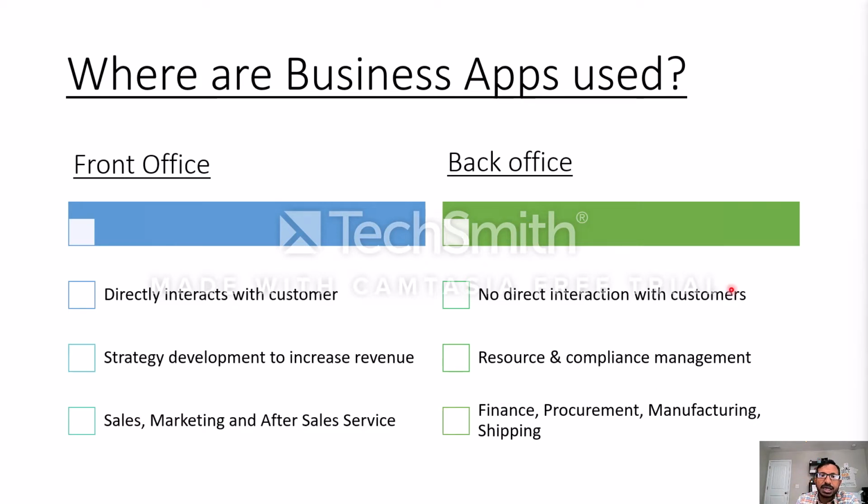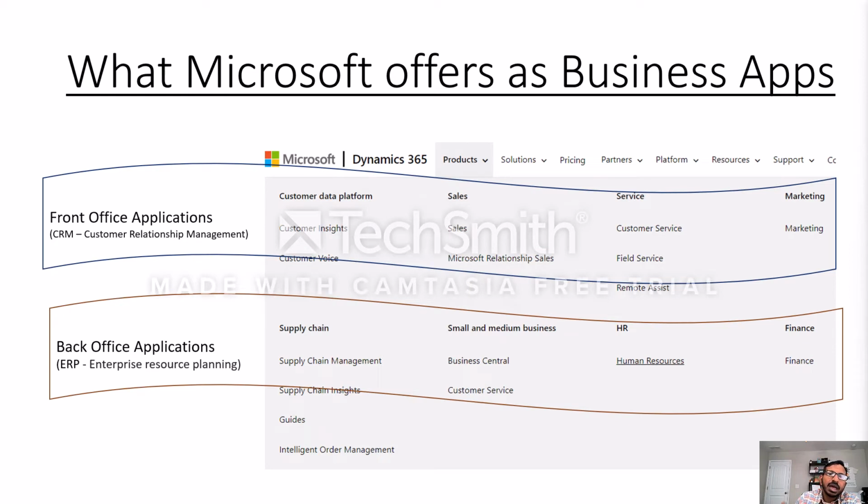So with this basic understanding of where business apps are technically being used, let's see what Microsoft offers as a business app. Microsoft business apps are many in nature, but here I'm going to primarily focus on the front office business application and the back office business application. Front office business applications are primarily considered customer relationship management.